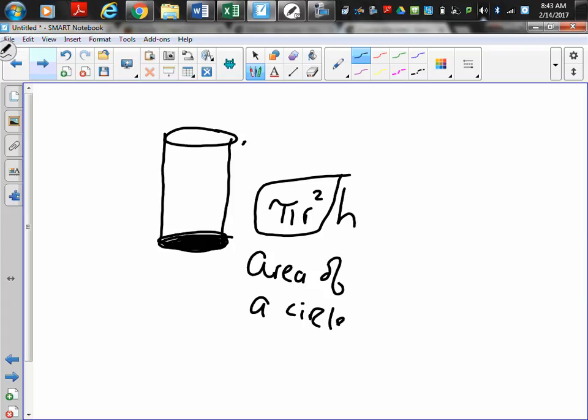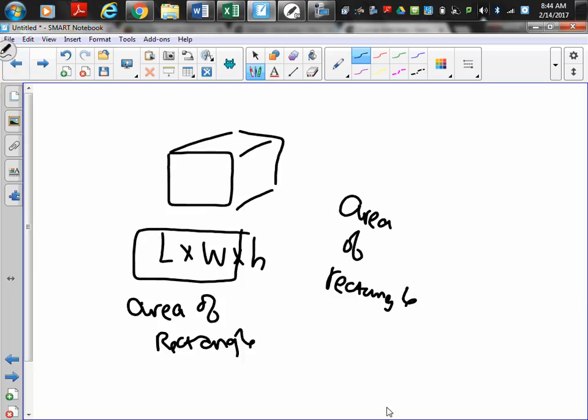So volume, all that is tells you how many times that area will fit into the cylinder. Or if we go back to how many times the area of this rectangle will fit into our prism.